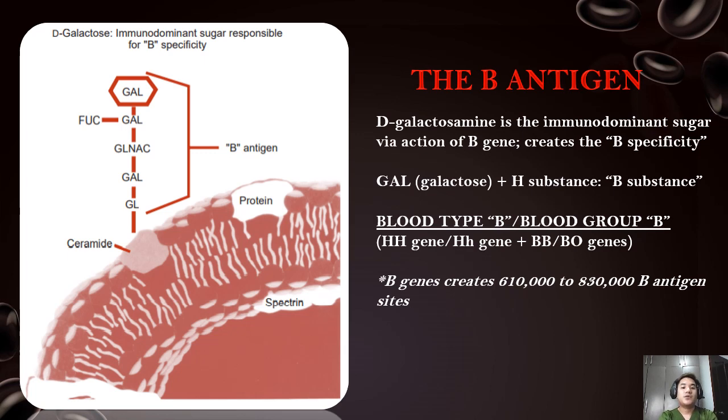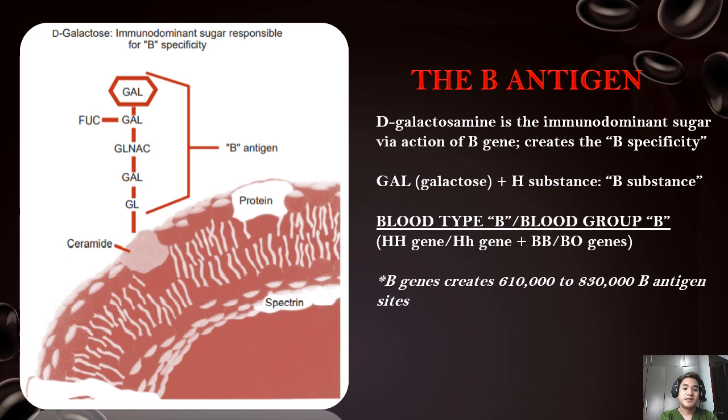Lastly, we have your oligonucleotide chain structure for the B antigen. Having a similar concept as the ones previously expounded, your B gene codes for the production of your D-galactosyltransferase, which facilitates the transfer of the D-galactose to the H substance.